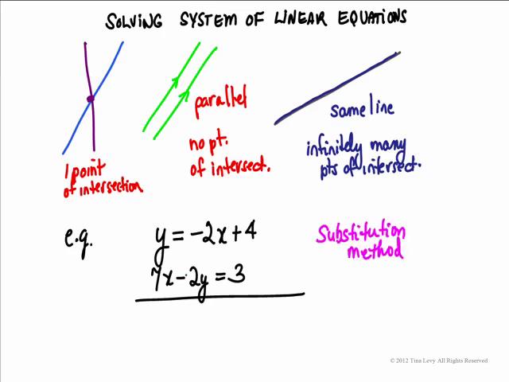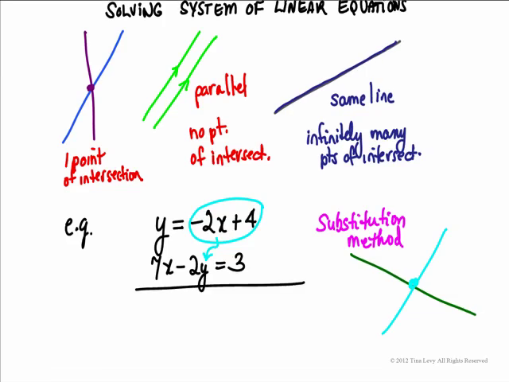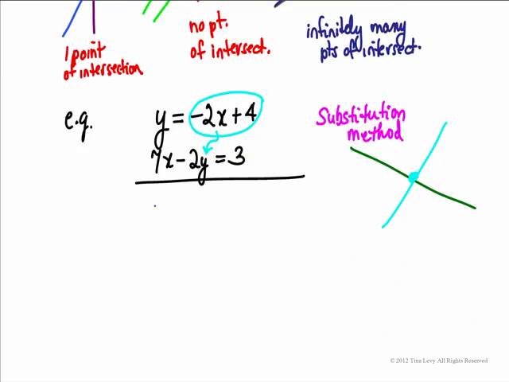To do this, we're going to have one line. We're then going to intersect it with the other line. And the way we intersect it, we take what y is in one line, and we substitute it into the other line. That way, we're going to intersect the two lines. So what is going to happen here is I have this problem, 7x minus 2 times y equals 3.